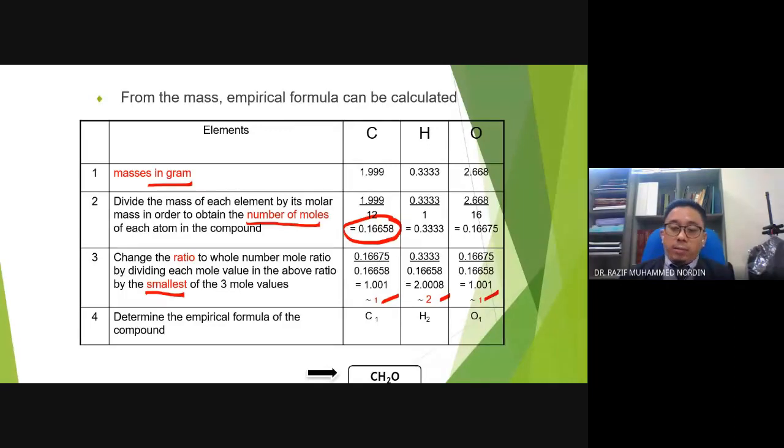All of it, you can round to a whole number. Carbon becomes 1, hydrogen becomes 2, and oxygen 1. So the empirical formula is this. This is the empirical formula.